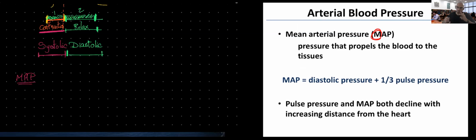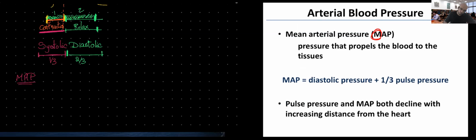But I want to consider that systolic blood pressure is only present 1/3 of the time, while diastolic pressure is going to be present 2/3 of the time.